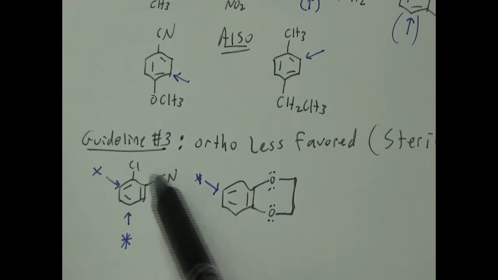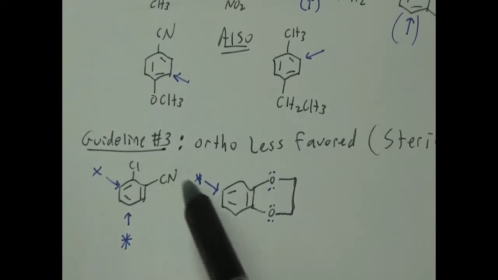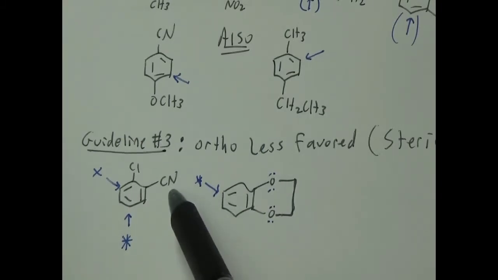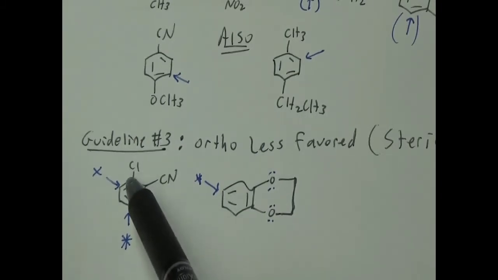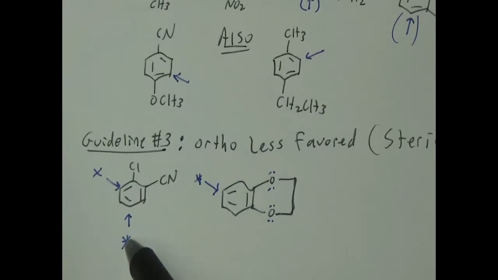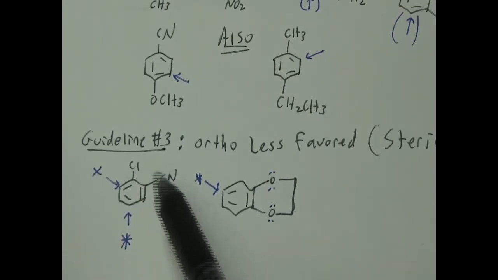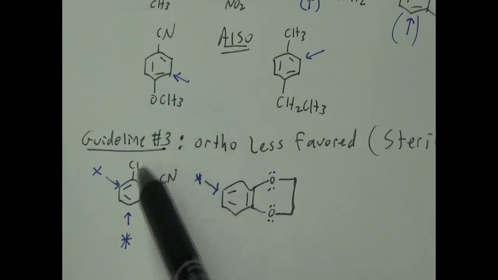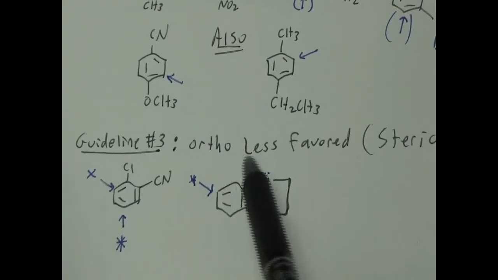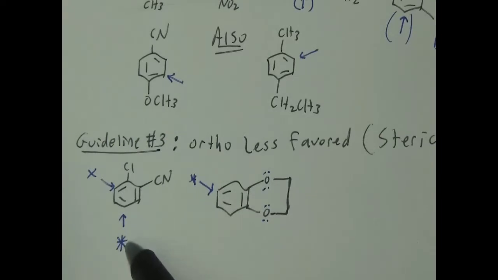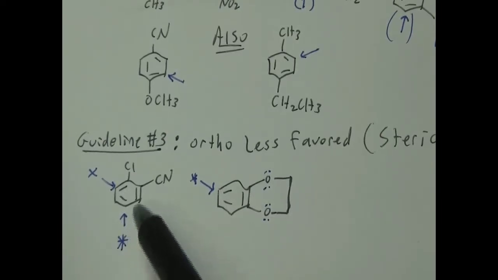They happen to be saying the same thing though, because this is an ortho-para director, that's a meta director, right? So ortho-para to this would be this position or this position. Those happen to be meta to the nitrile, so it's not really a competition effect, but ortho is less favored, right? So whatever new thing we're attaching would go to this position.